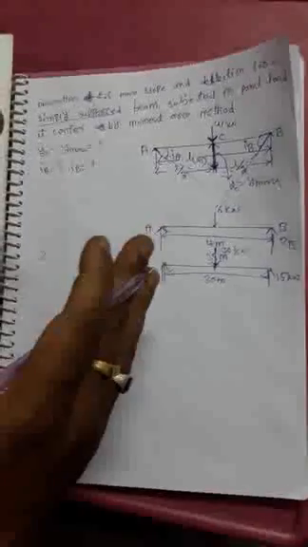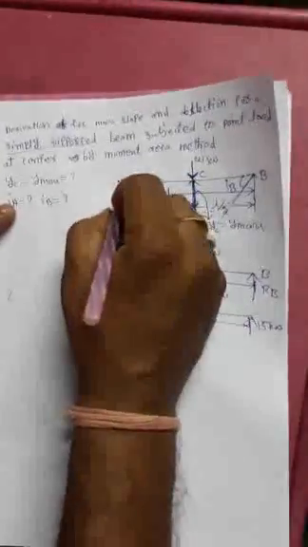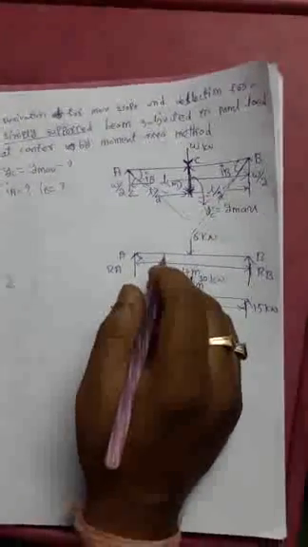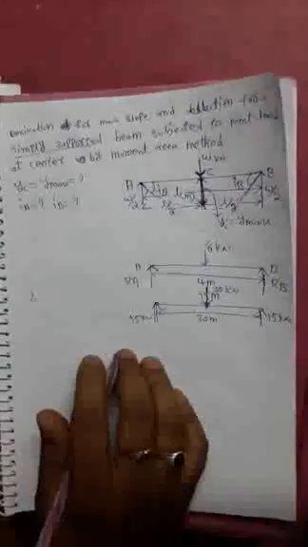So W is divided by two supports equally, that is W by 2 and W by 2. The beam where the load is divided equally by two supports is called a symmetrically loaded beam.